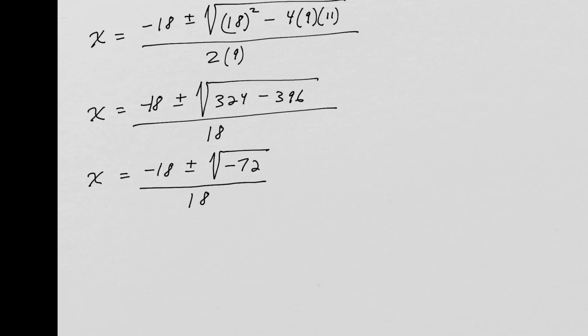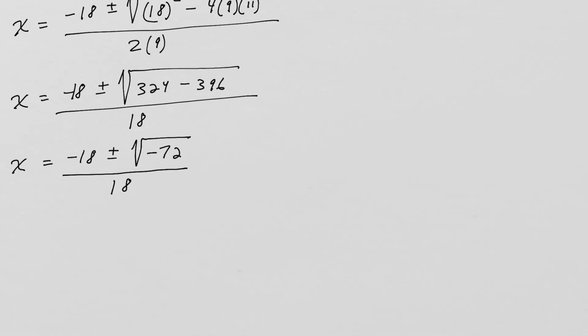Okay, and it looks like we can simplify that further, right? So negative 72, first of all, let's factor 72. Okay, so if I factor 72, it's going to be 2 times 36, 2 times 18, 2 times 9, and then 3 times 3, right? So it'll be 2 times 2 times 2 times 3 times 3.